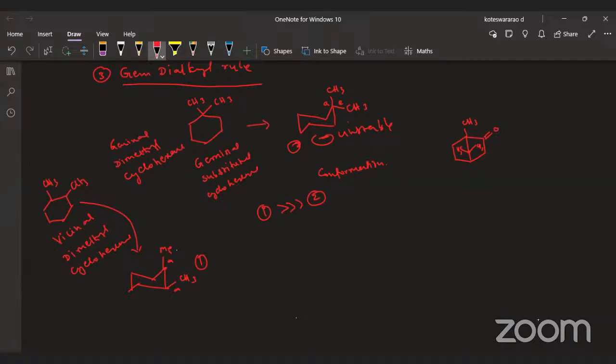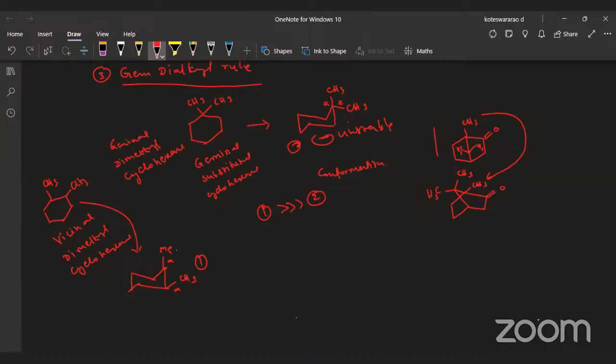Now, camphor is arranged in a non-planar bicyclic structure. This is CH3 and another CH3. These two CH3s are this one. This is the structure of camphor.